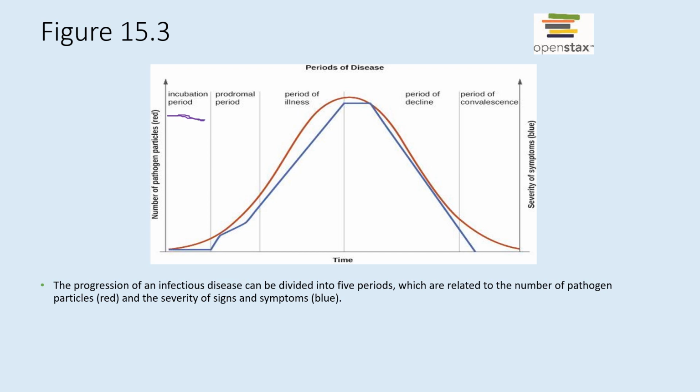You're feeling okay. But if you look over on the left-hand side, this is the number of organisms, pathogens that are in you. It's starting to increase. Prodromal period, this is where now you're starting to go, yeah, you know what? I have a little bit of a runny nose.